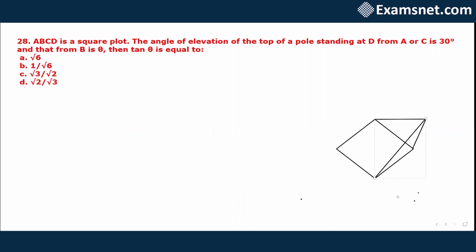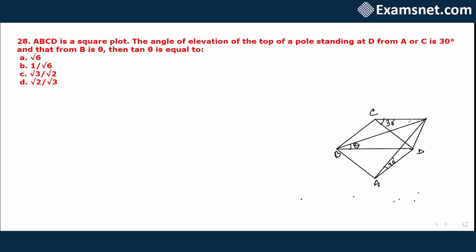Okay, is 30°, and that from B is theta. So this point will be B. Is theta, we need to draw the reference point. Then tan theta equals, so here we are required to find the value of tan theta. A, B, C, D. Here this angle is theta, this angle is 30 degree, and this other angle is also 30 degree. Correct.